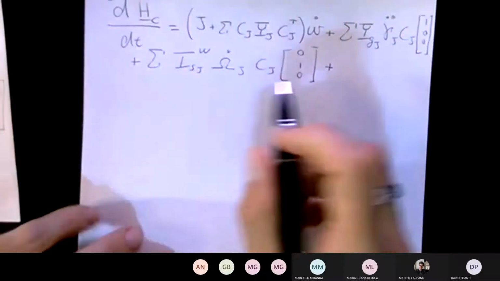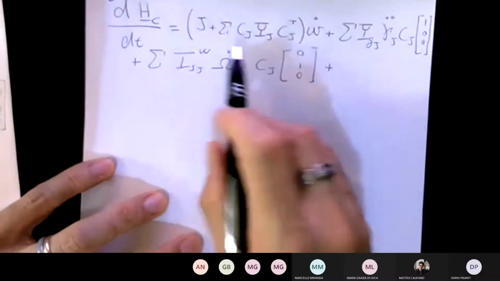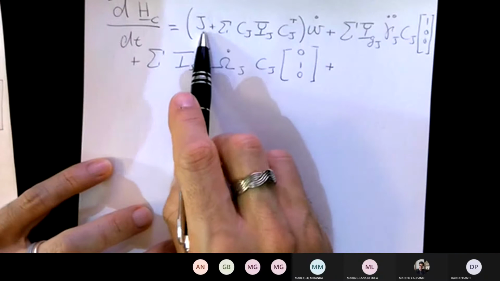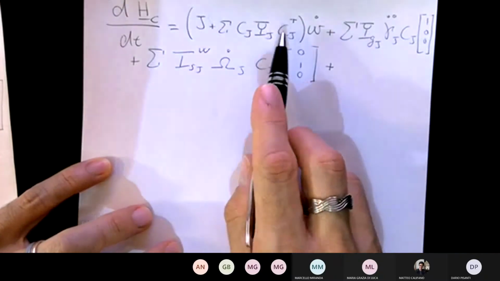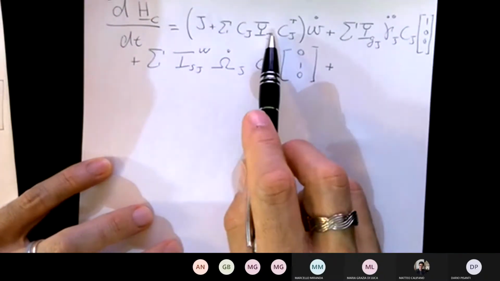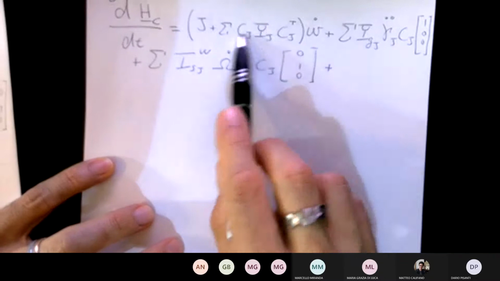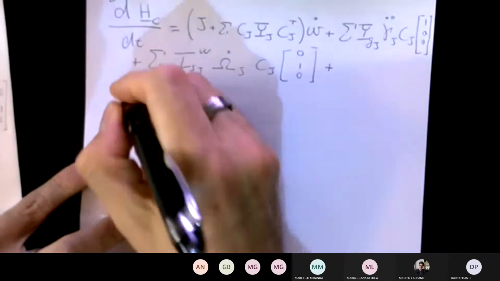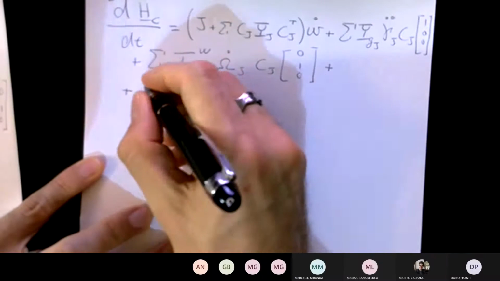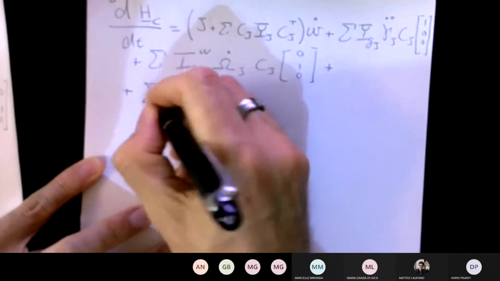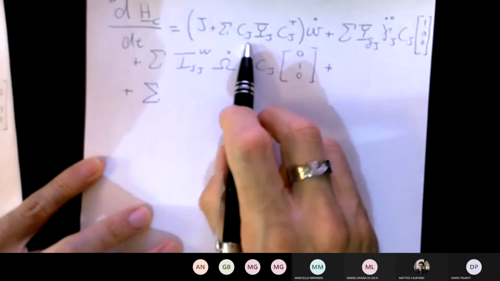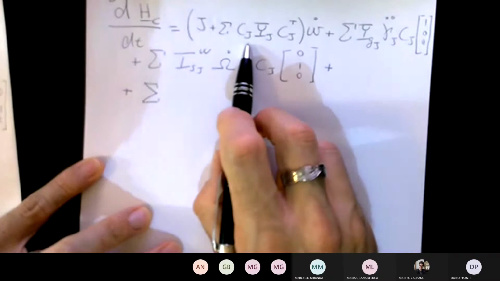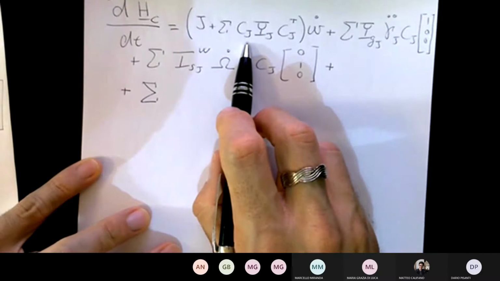These are constants. So for the first one, J is constant within the spacecraft, so all that's left is taking the time derivative of these terms here. So that will give me the summation of, first I take the time derivative of this, so Cj dot.